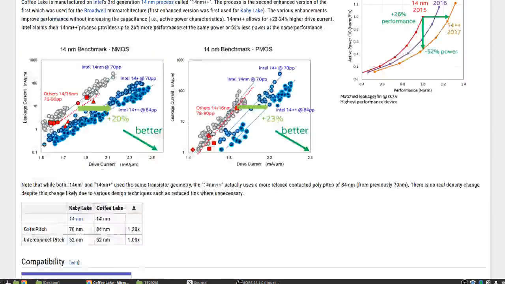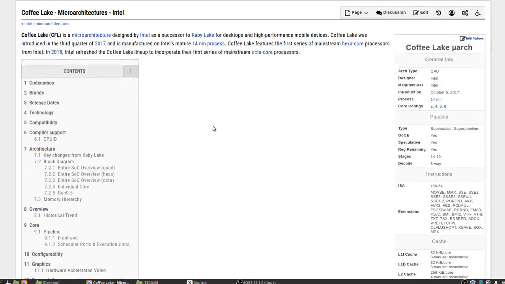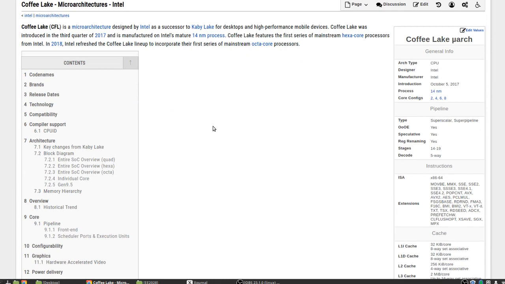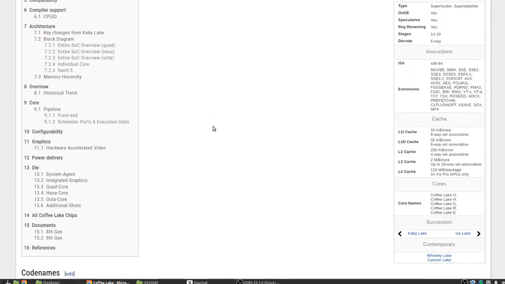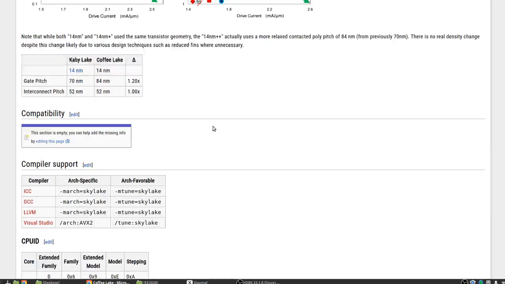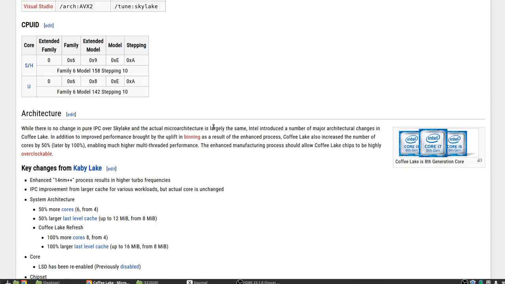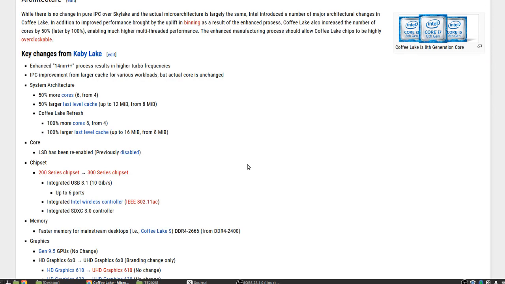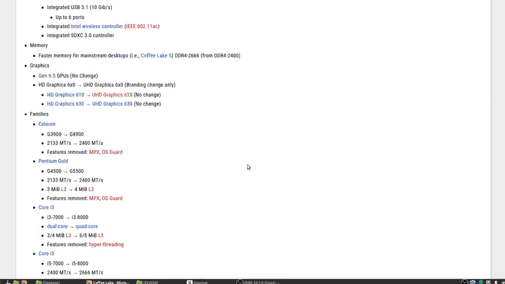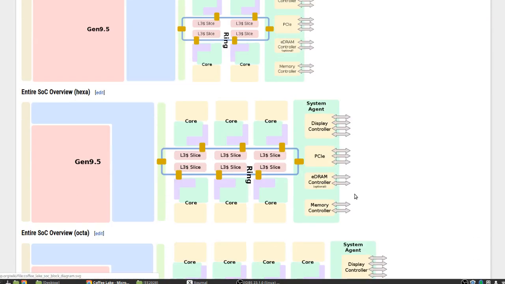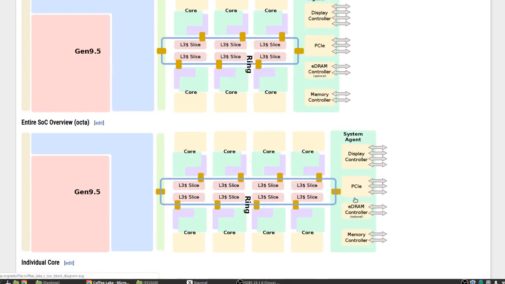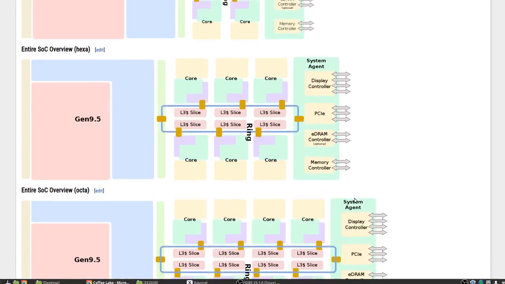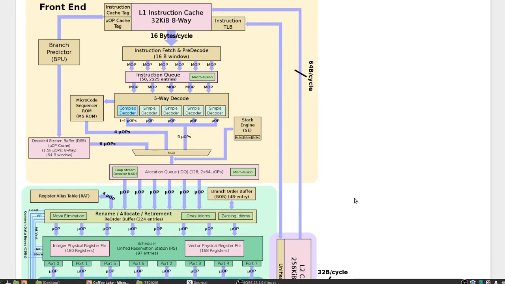So if you look at the latest architecture from Intel, it's Coffee Lake. So you can read up and get some information about the Coffee Lake processor in this WikiChip. They give a lot of details about the exact transistor sizes and the various changes from the previous generation, which is called Kaby Lake, and also an overview of the chip, like how many cores are there and how they are arranged, and even the microarchitecture.